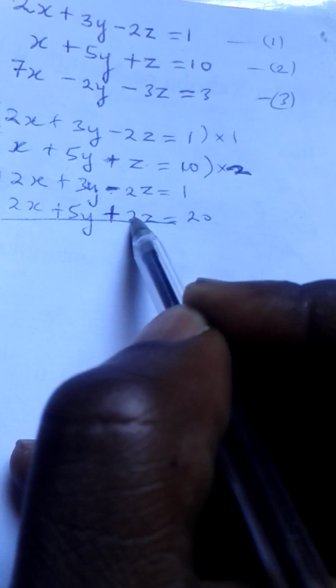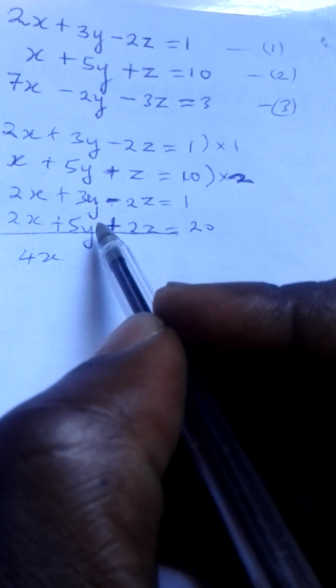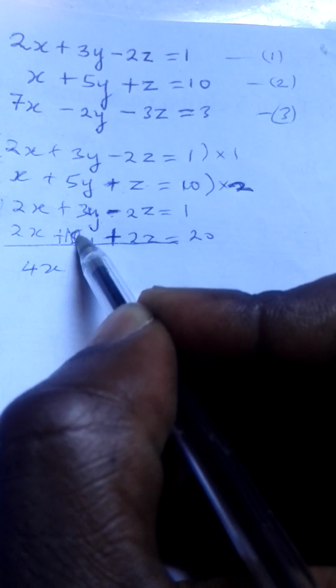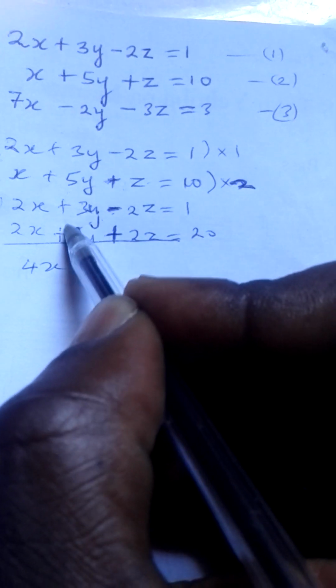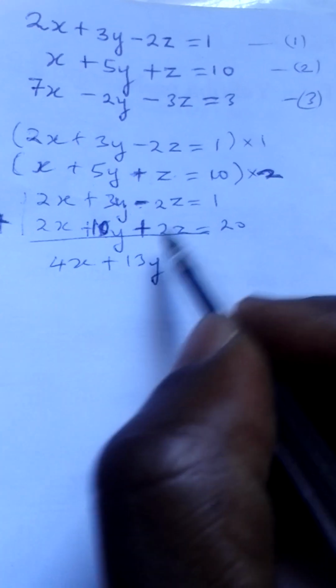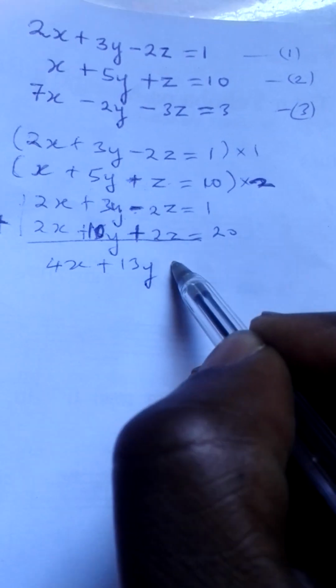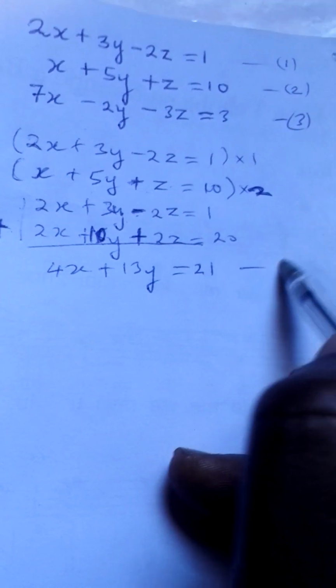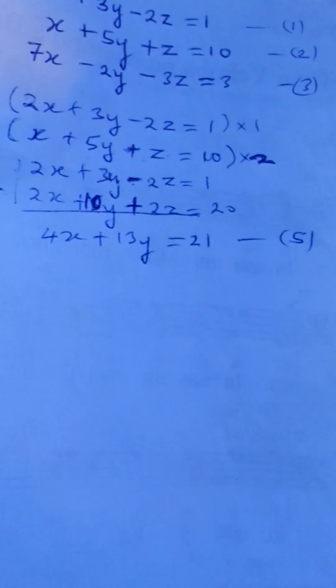They are different, so they definitely give us a 0. If we're doing that, we have to use this sign for everything. So this is going to be a 4x, and 2 by 5 is 10, 13y, and then here is going to give us a 0. So finally we're going to have a 21 here, and this is going to be equation 4.